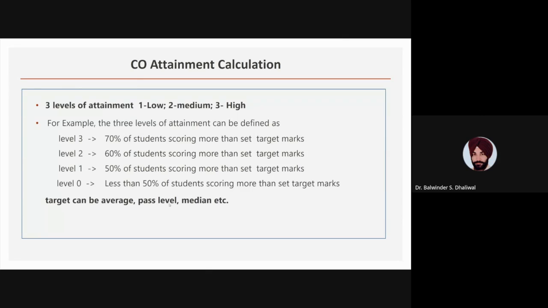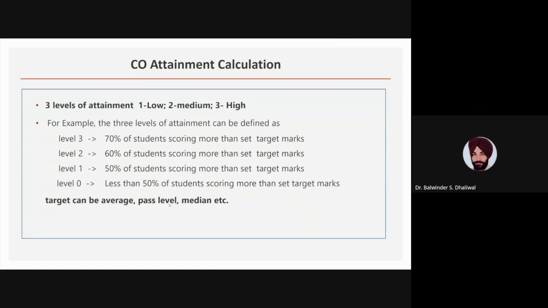Similarly, it will be level 2 if 60% of the students are scoring more than the set target marks, and if 50% of students are scoring more than the set target marks, then it will be level 1. If it is below 50%, then we'll say there is no attainment, that is, attainment is 0, level 0.